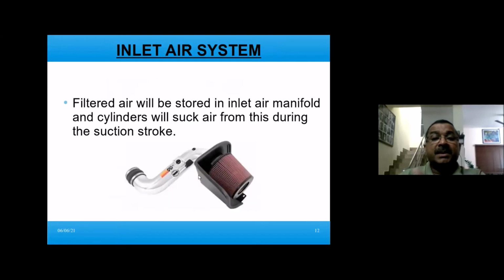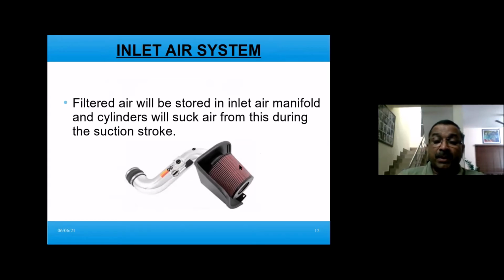So the next is the inlet air system. Uncle has actually taken the picture of a small, let us say, car system. So in the car, actually in all machines, air will be sucked into the engine cylinder through a filter.